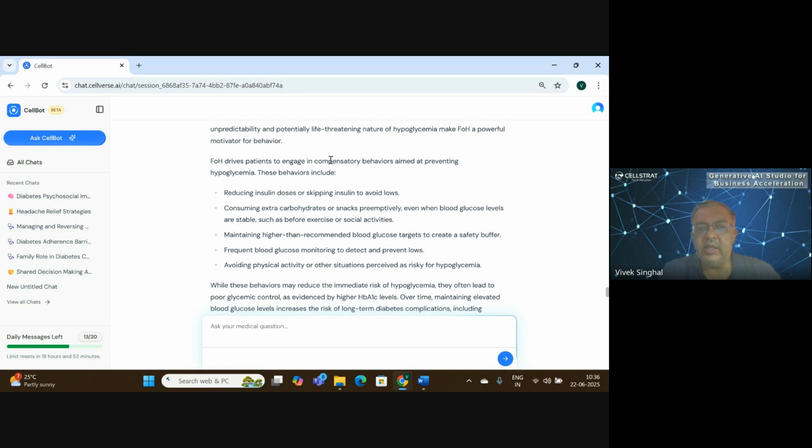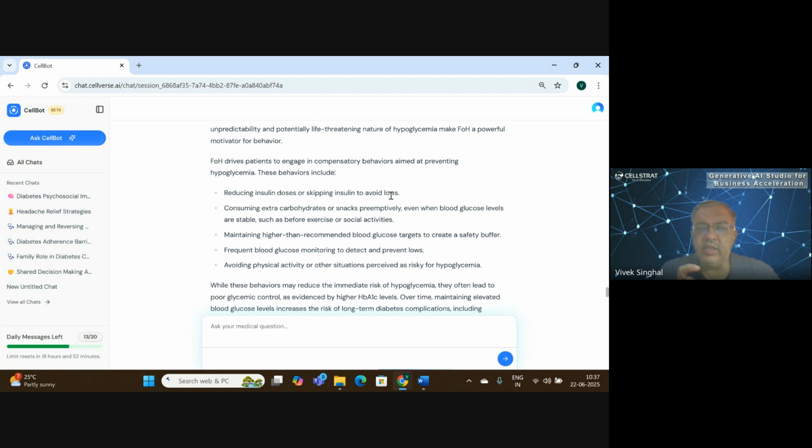FOH drives patients to engage in compensatory behaviors aimed at preventing hypoglycemia. So reducing insulin doses or skipping insulin to avoid lows. As I said, insulin injection is what lowers the blood sugar level. But these patients who fear hypoglycemia may not take insulin. That can lead to the reverse complication.